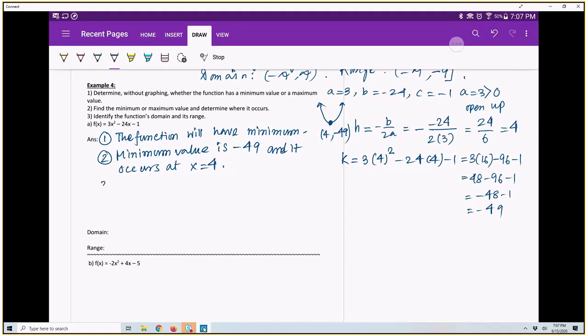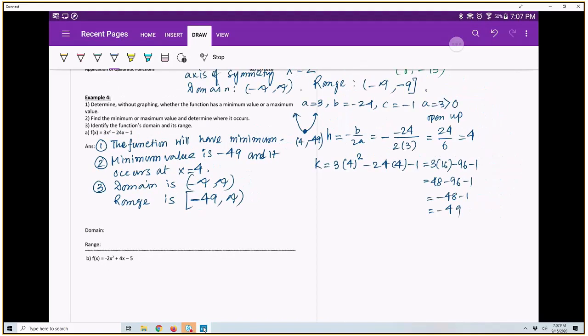That is the easiest part. Domain is always negative infinity to infinity. The range of the function, because it is opening up, will start at the y value of the vertex, so negative 49, and goes all the way to infinity. So that will be the range of the parabola.